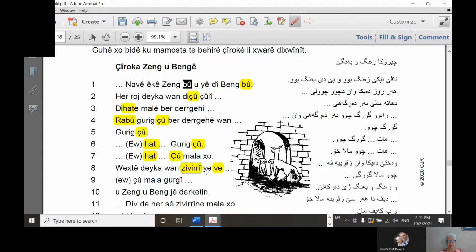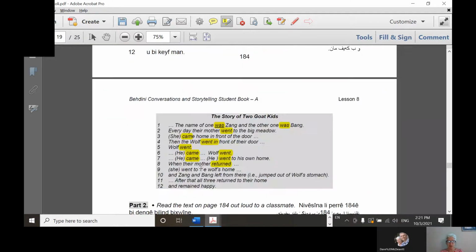I've taught you simple past tense, and this ya is a part of the past perfect tense. So you can look on your grammar chart and find the past perfect tense later on in your materials. And that has the meaning in English of when their mother has returned. So it's not smooth English, but that's kind of what it means.